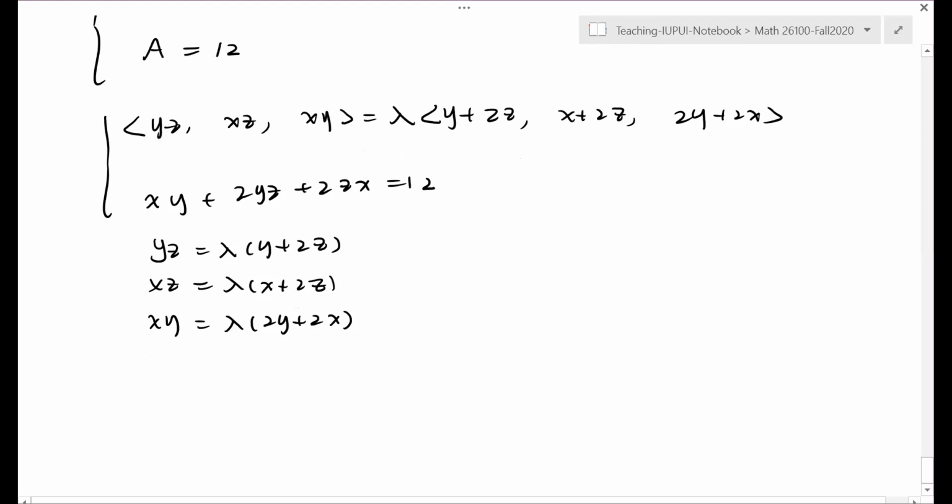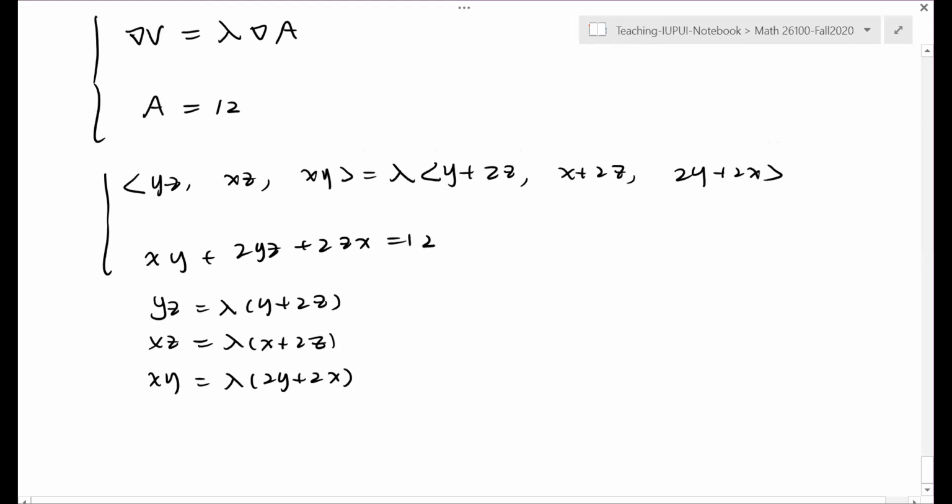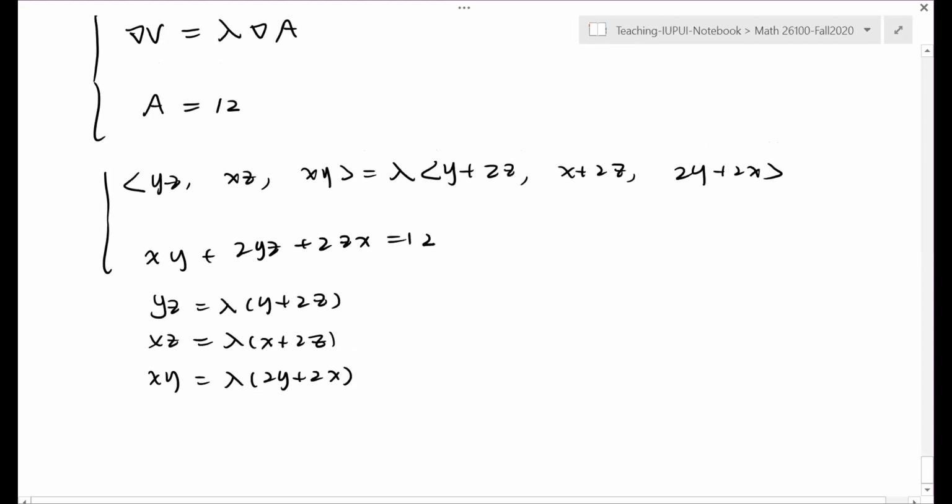Now, it's not easy to solve these equations, honestly. You have several equations here.